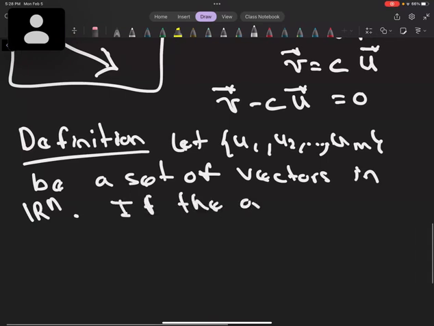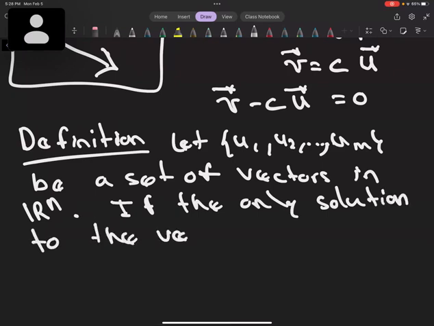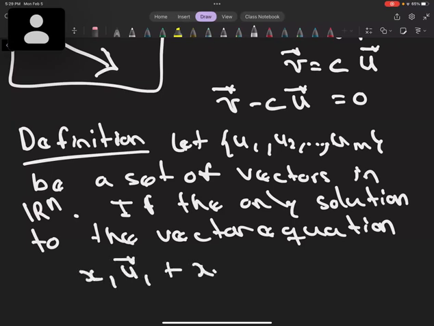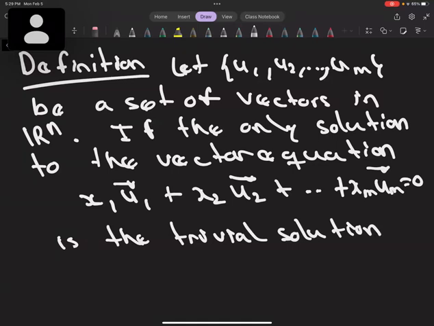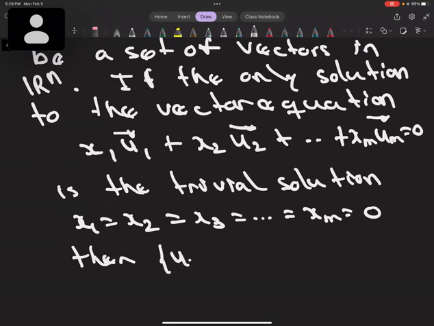If the only solution to the vector equation x1 u1 plus x2 u2 plus up to xn un equals 0 is the trivial solution, x1 equals x2 equals x3 and so on, xn equals 0, then u1, u2 until un are linearly independent.